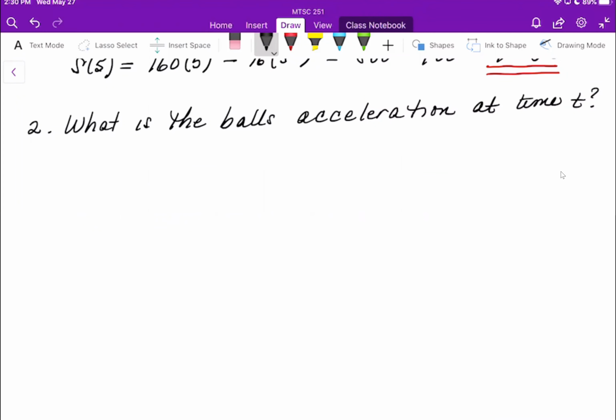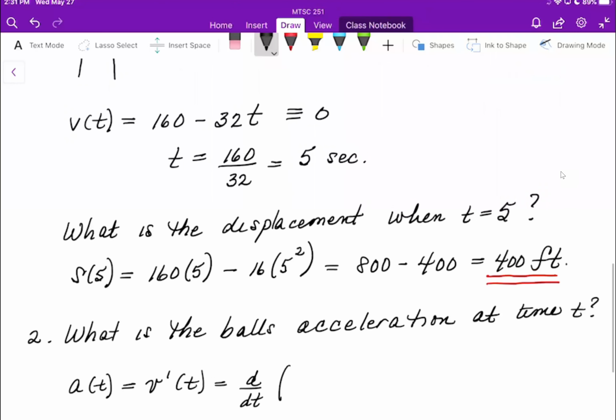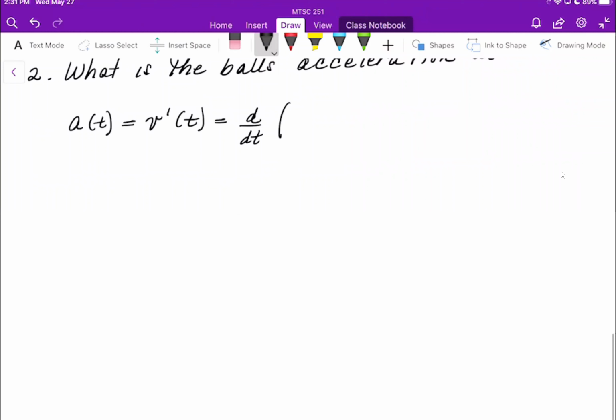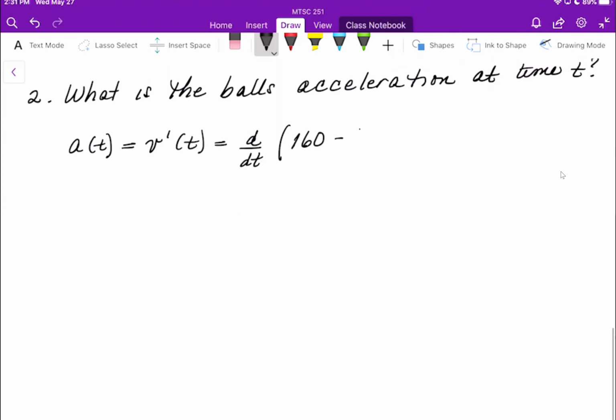So acceleration is the derivative with respect to t of our velocity, which was 160 minus 32t. So that's minus 32, and that has units feet per second squared. So that is the acceleration.